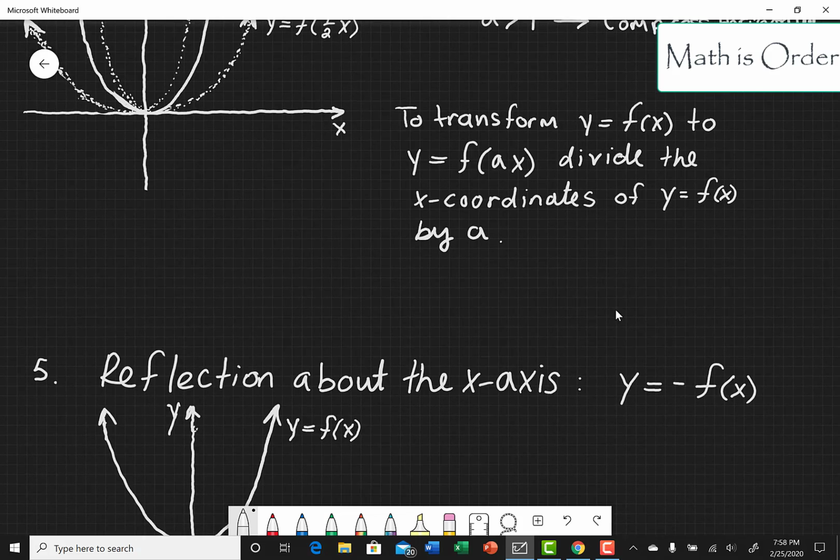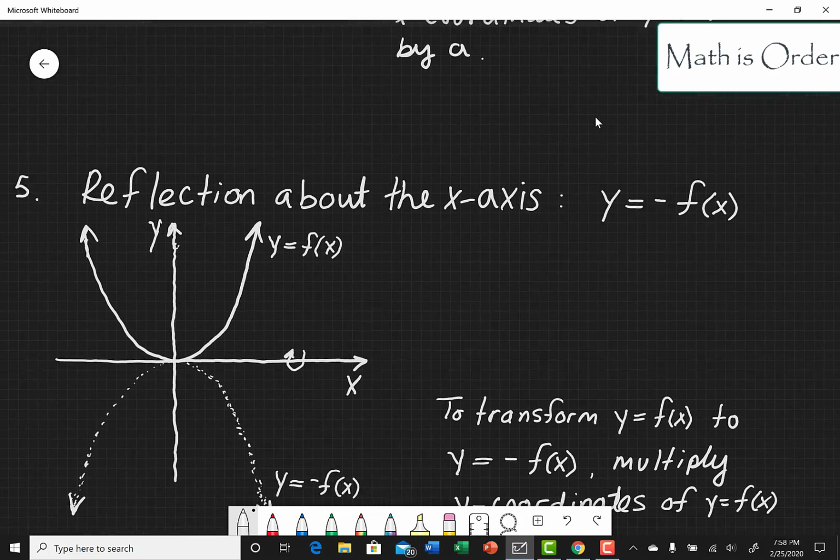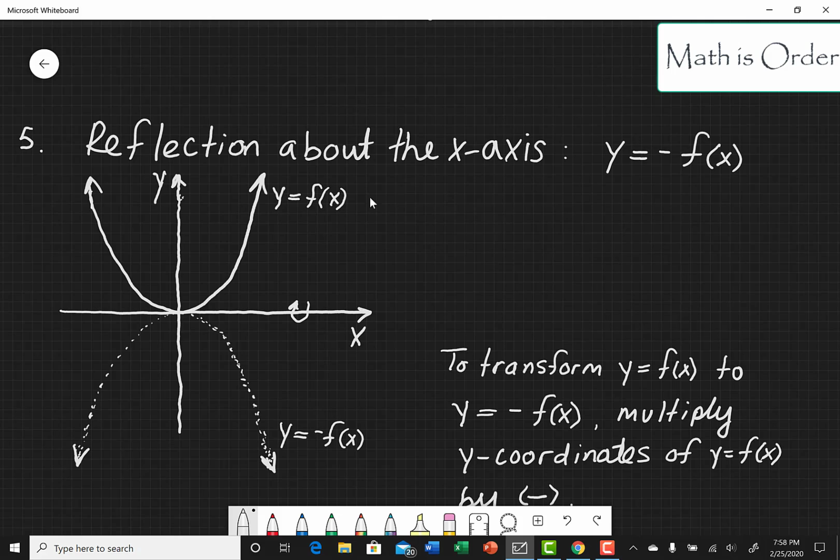All right, let's now look at the next transformation. It's called the reflection about the x-axis. Suppose you have some curve, y equal f of x, and you reflect this about the x-axis. So in other words, I'm rotating the x-axis 180 degrees so that this curve now appears to be this curve.